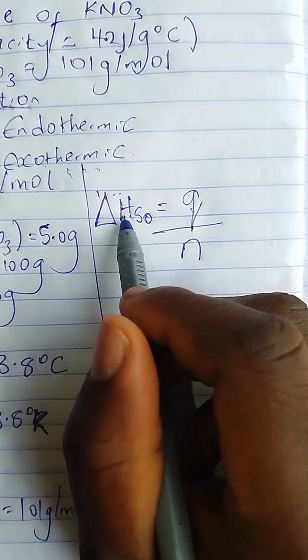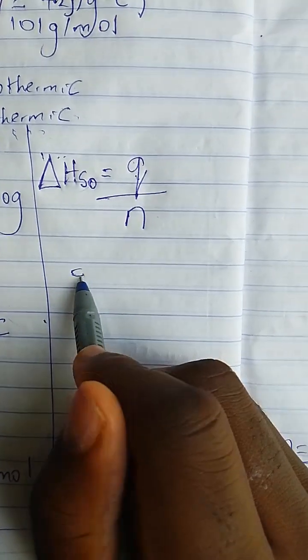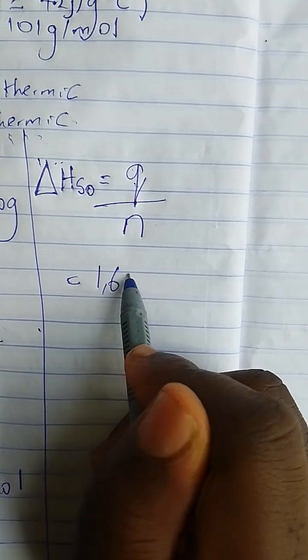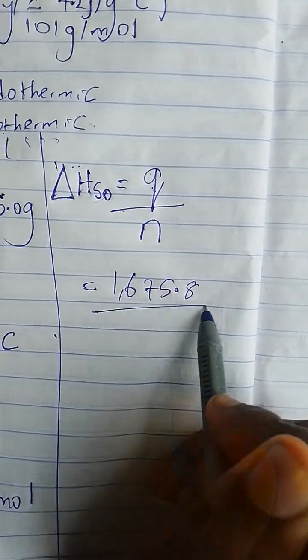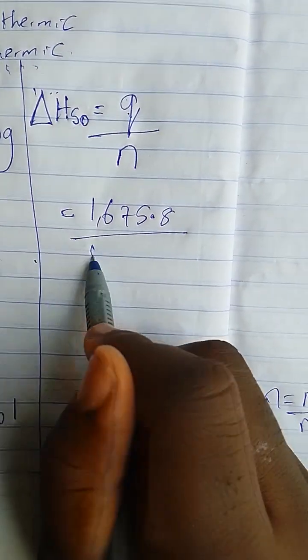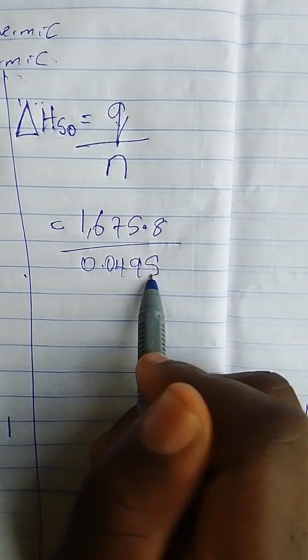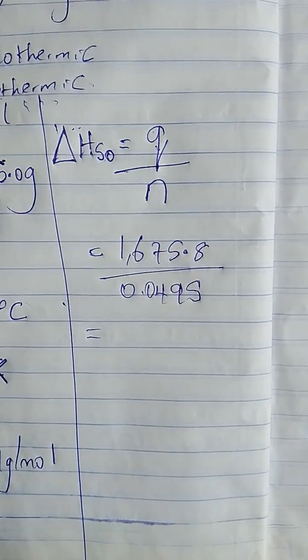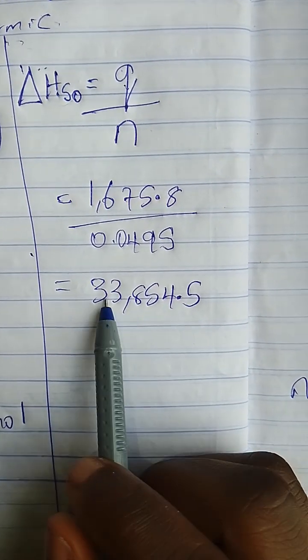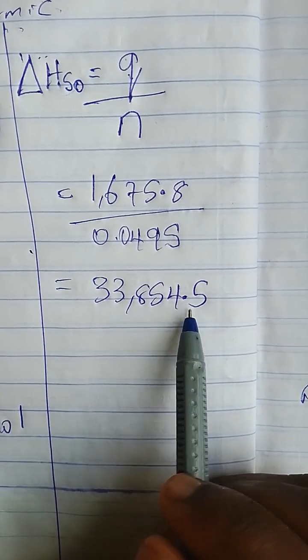Now, heat of solution. Heat is positive, 1675.8 divided by the number of moles, which is 0.0495. And when you press your calculator, you will get 33,854.5.